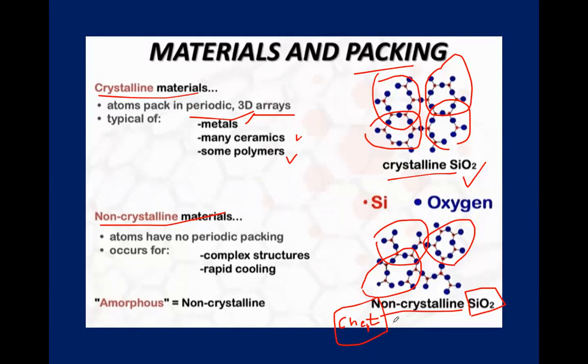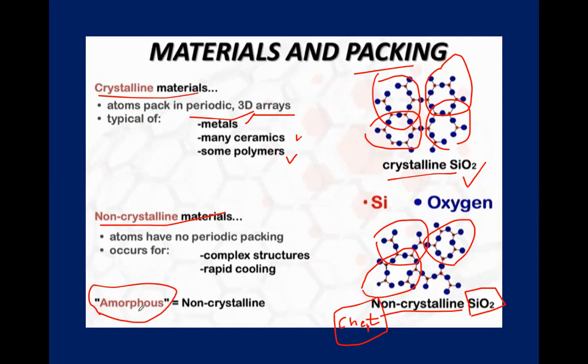Chert is SiO2, the same composition as quartz, but it is non-crystalline. These non-crystalline materials we frequently call amorphous materials. So quartz is a crystal, chert is an amorphous material.